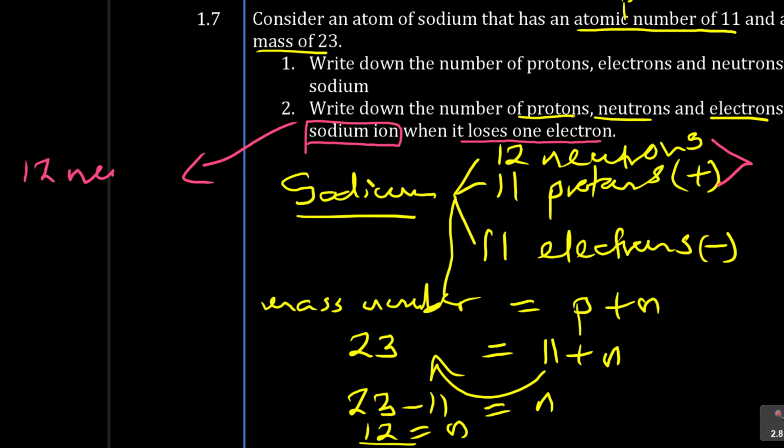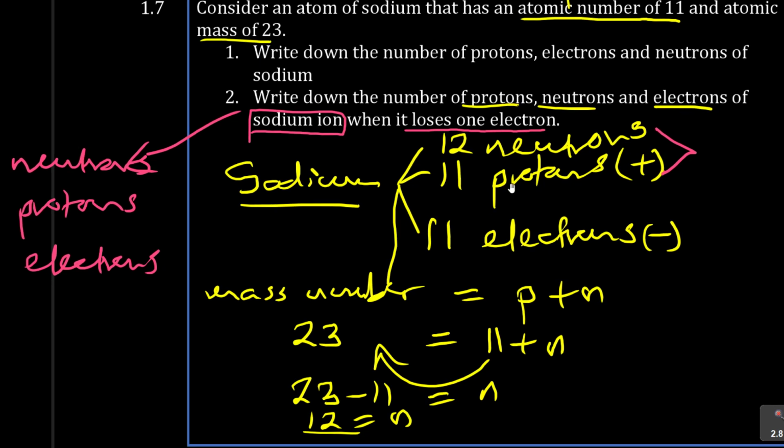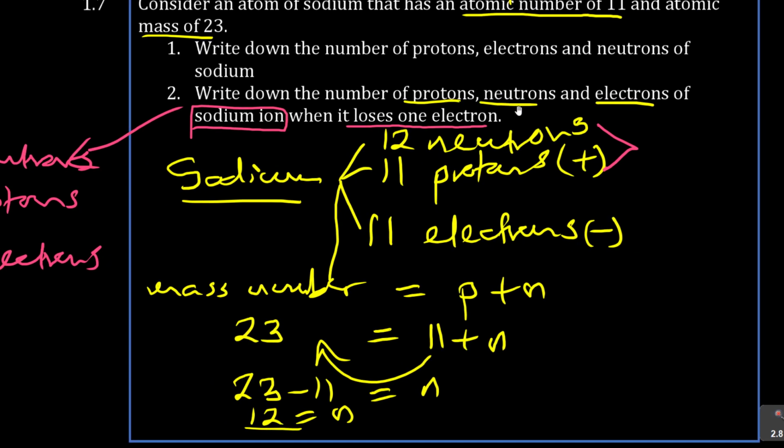So 12 neutrons, they never change. 11 protons. The only thing that you can lose or gain are electrons. So because you have lost one, you are now going to have 10 electrons. Alright, so that is how you approach these questions. Alright, so you can only lose electrons. Protons will remain the same.